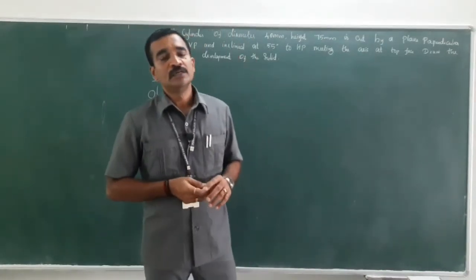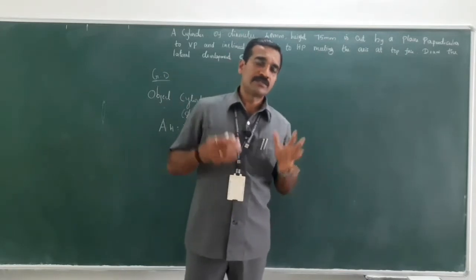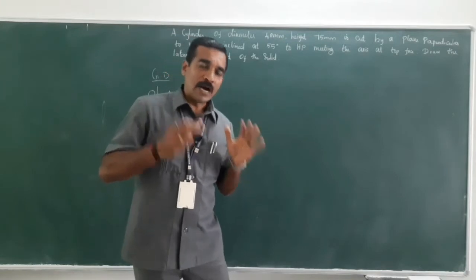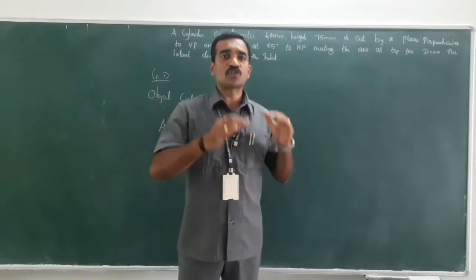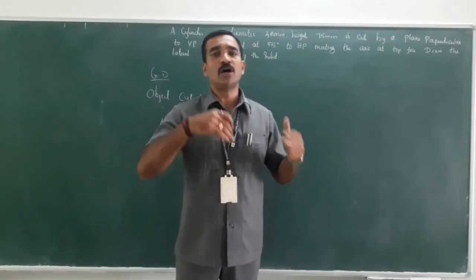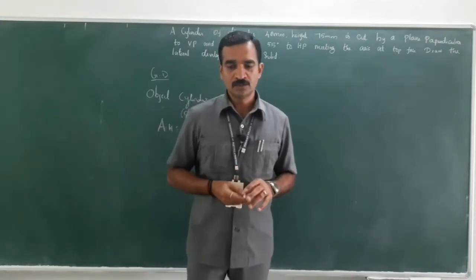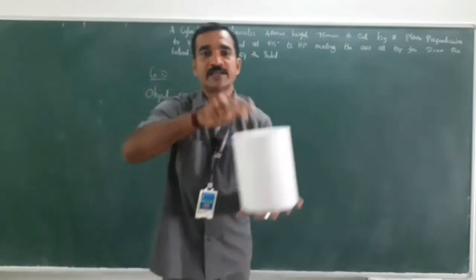As I told you, for chapter 2, development of surfaces, the object will always be placed lying or resting on HP in a vertical manner. So this is how the object would be resting.